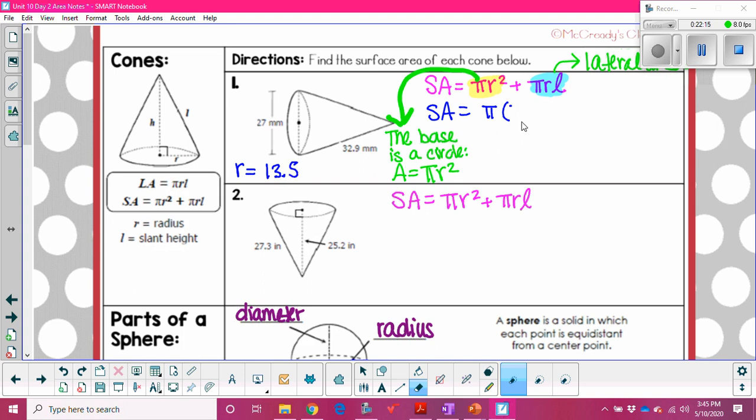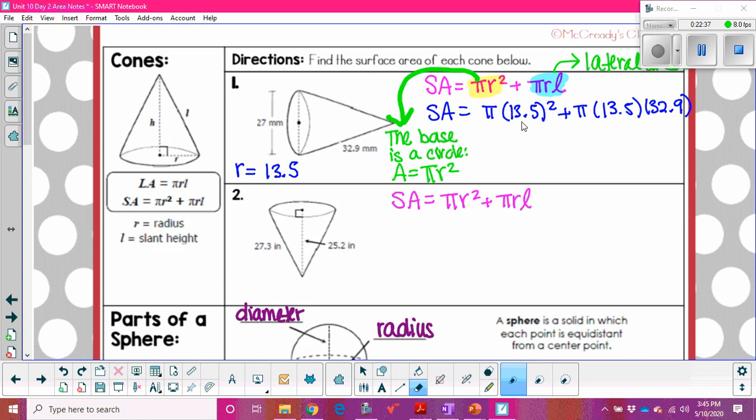So you're going to have 13.5 squared plus pi times your radius again, 13.5, times the slant height here, which is 32.9. All you have to do is plug this in.